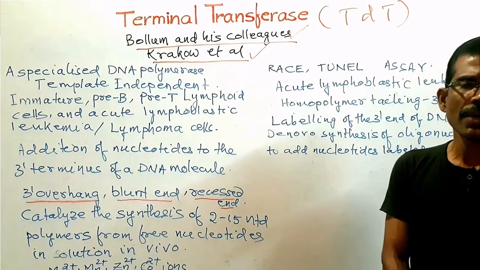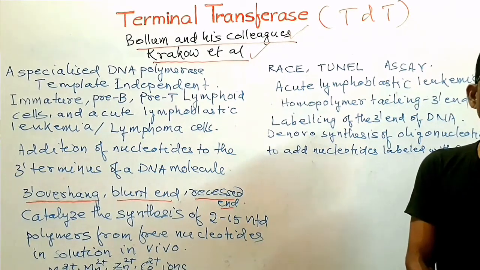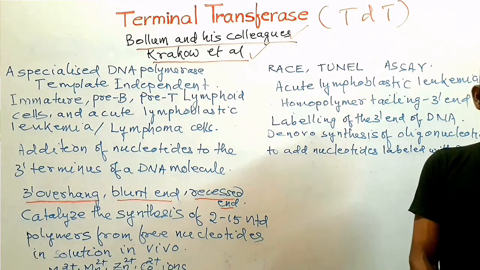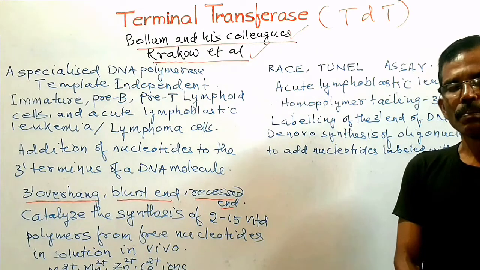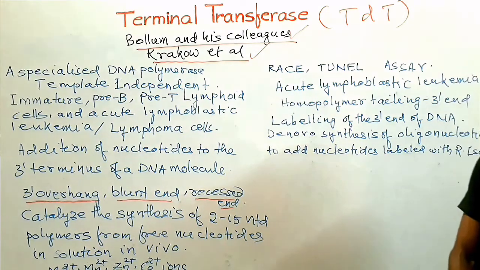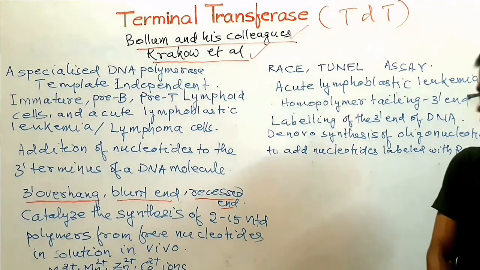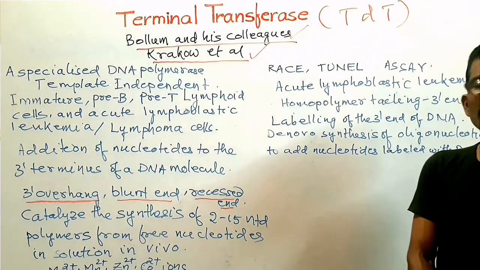Like other polymerases, terminal transferase also needs a cofactor. Cobalt ion is the necessary cofactor for this enzyme, but in vitro in solution, this enzyme can also work in the presence of divalent magnesium ion, manganese ion, and also zinc ion.